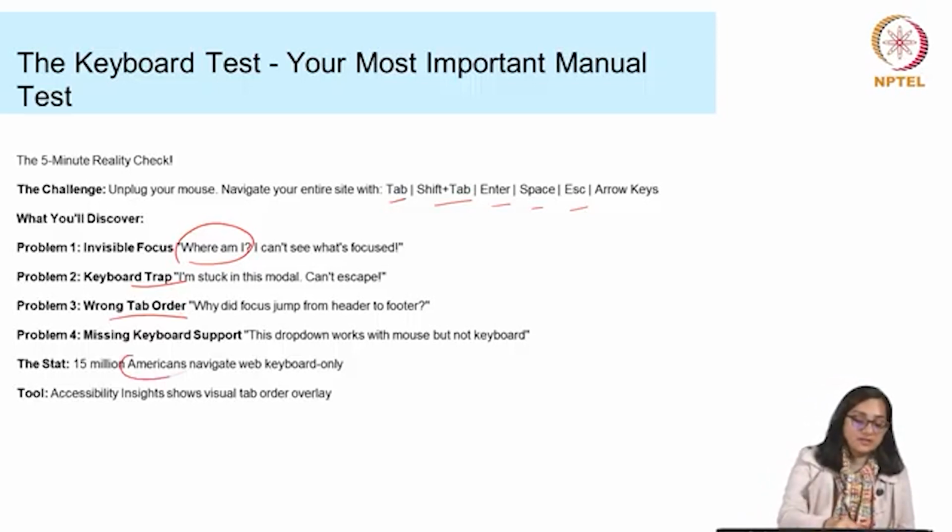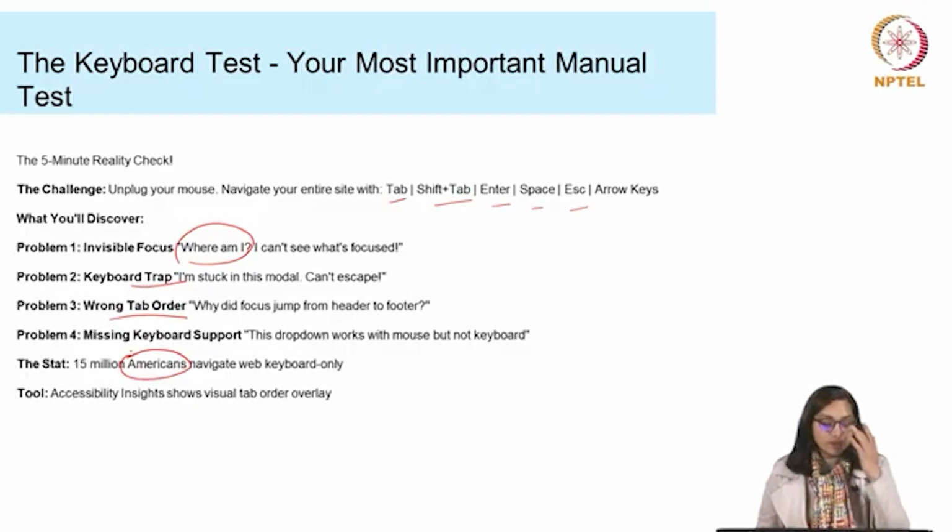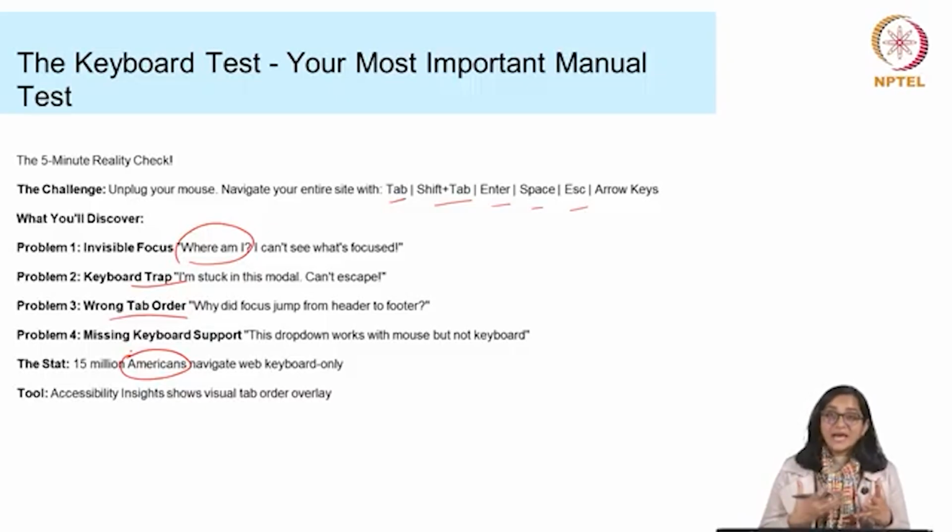We have stats from some reports from America, but I'm sure there are stats from India as well. So the accessibility tool shows a visual tab order overlay. Once you try to navigate with just the keyboard, you will be able to pinpoint all of these issues a little better.